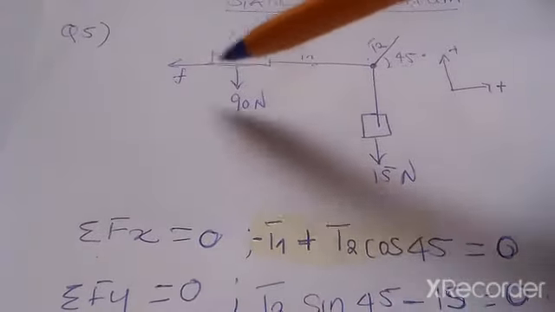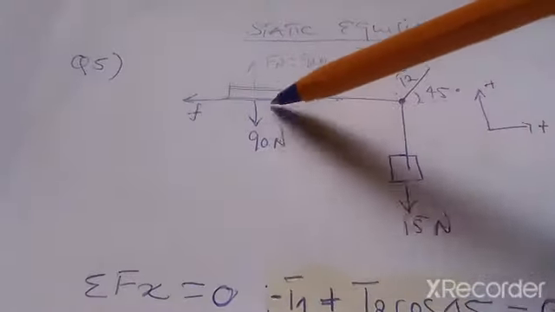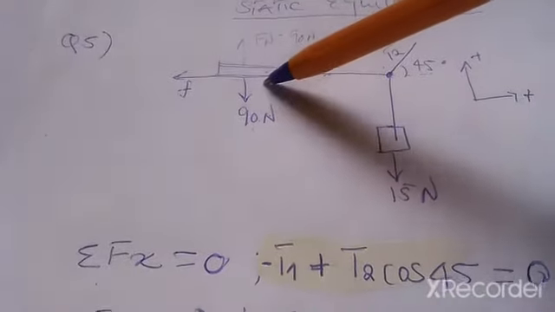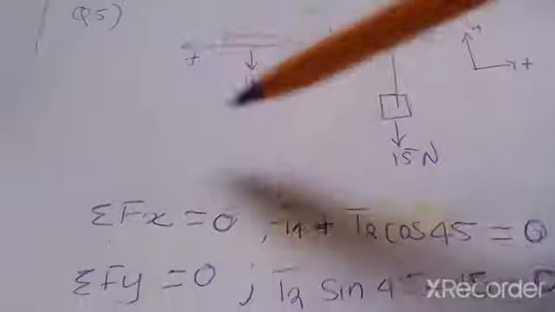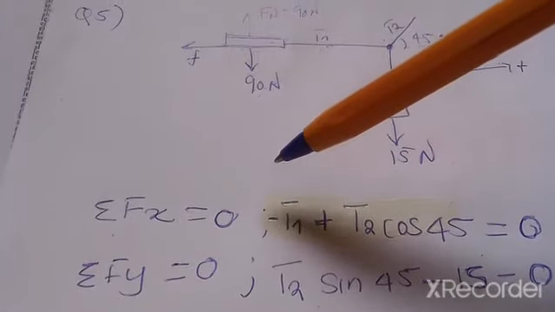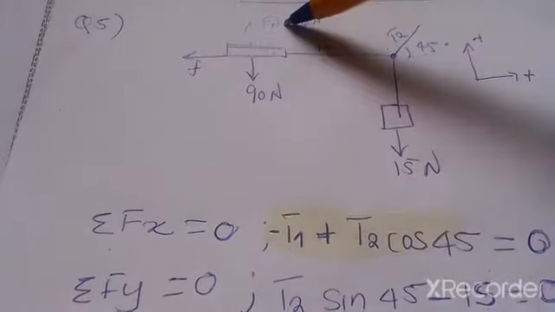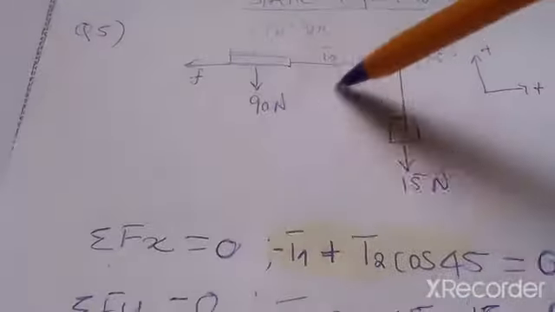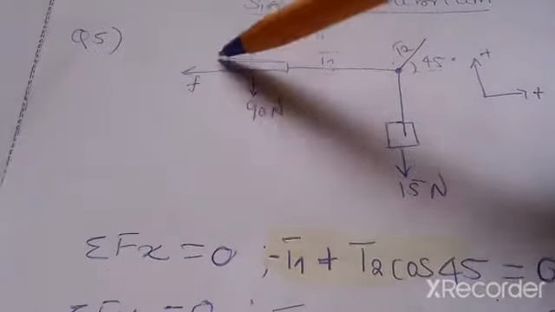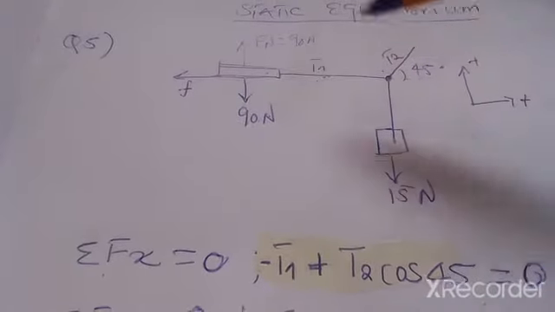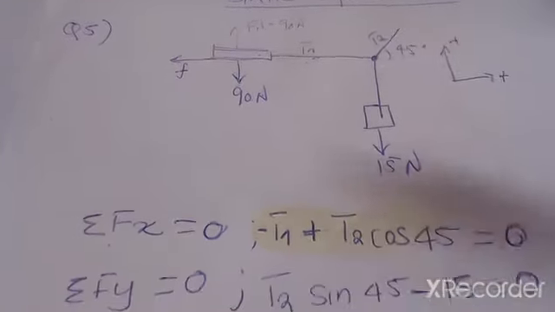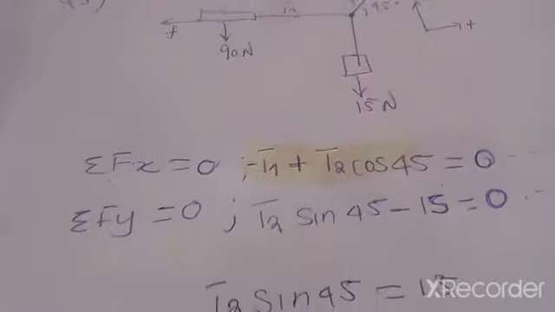So hence the static friction that can be used to hold this block in position in this particular system is the 15 newtons, but then we've gotten more than that, right? So meaning the system is in equilibrium. The friction force is holding this block from sliding, okay, to keep it in equilibrium. That's what we have for question 5.